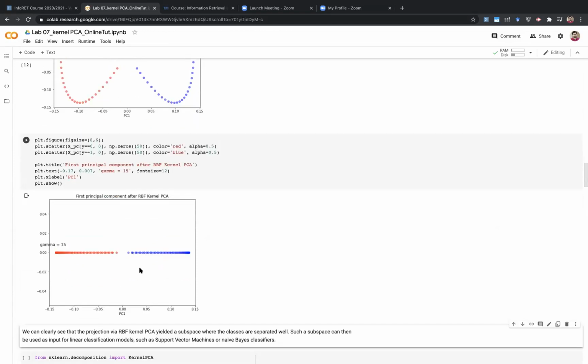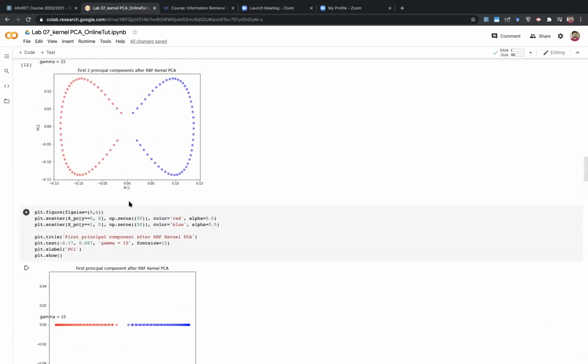Now you can see that, like I told you, if the PC1 is greater than 0, then we have a beautiful class separation. So now the data is linearly separable. I find it pretty cool. So with a simple two-class example, we can see the effect of this RBF kernel.